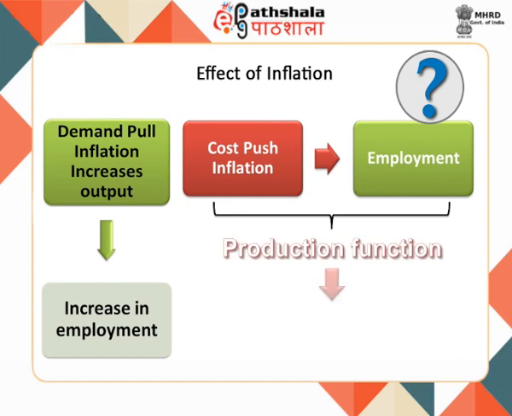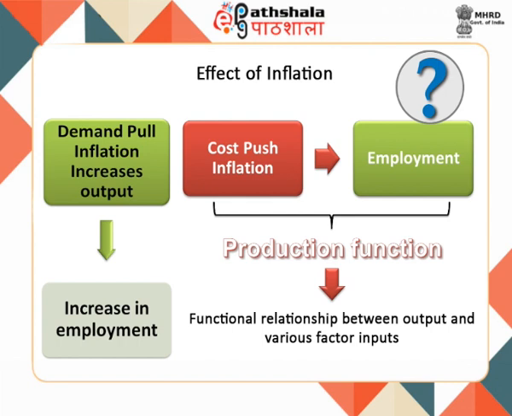Production function shows functional relationship between output, dependent variable, and various factor inputs, independent variables such as labor, capital, raw material, etc. It may happen that due to increase in prices of various inputs, employers shall try to substitute other factor inputs with labor.